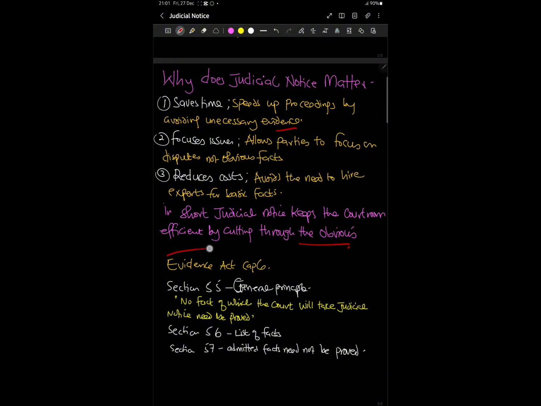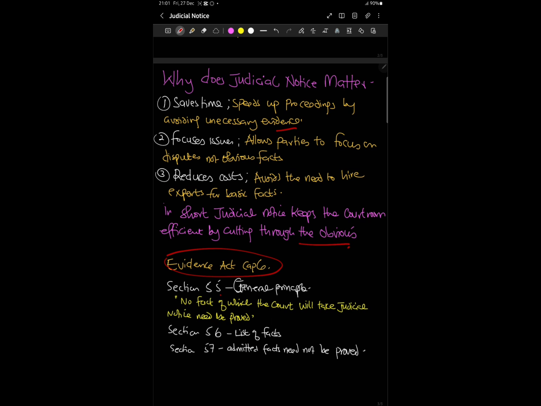As for Uganda, if you want to get authority for this, go to the Evidence Act Cap 6. Section 55 gives the general principle that no fact of which the court will take judicial notice need be proved. You get the point.